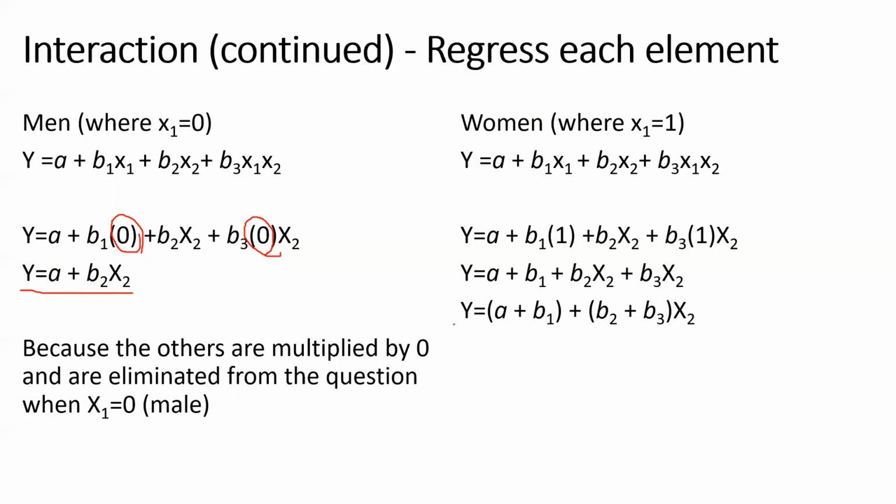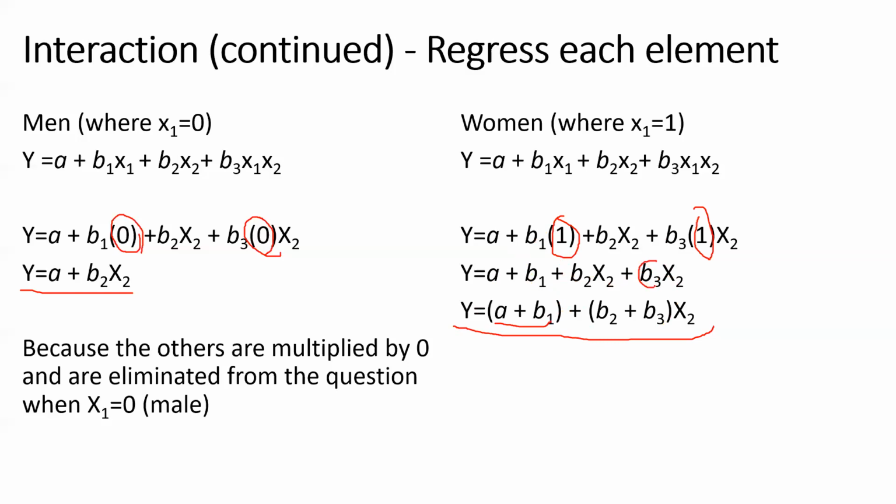Our equation for women doesn't simplify quite as much. For each x1, we put the value of 1 in. So we've eliminated this cross product by doing that. We have a plus b sub 1 plus b2 x2 plus b3, that new coefficient, multiplied by x sub 2. And we simplify it: a plus b1 we put together.